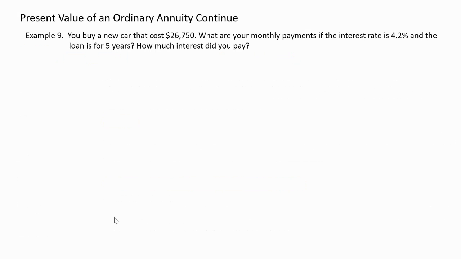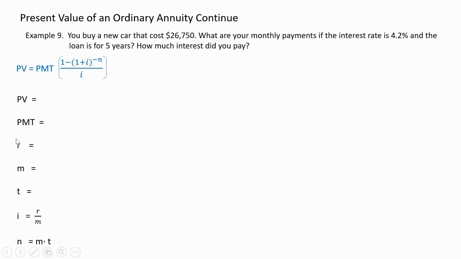So example number 9 says you buy a new car that costs $26,750. What are the monthly payments if the interest rate is 4.2% and the loan is for 5 years? And how much interest did you pay? Okay, so let's put out the formula. Remember I said, guys, there were 7 things.